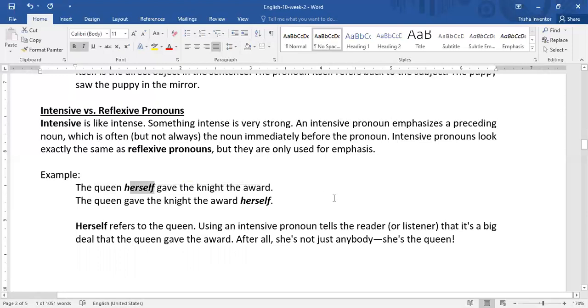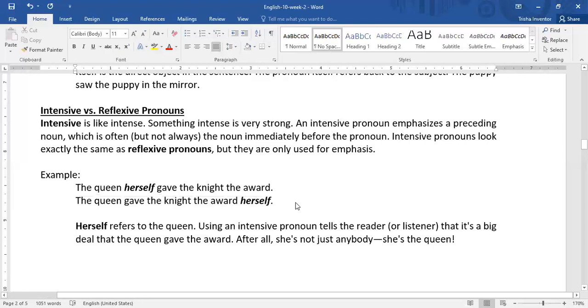Okay, not always, because just like for this example, herself comes at the end. Herself now is the last word. So it's not always. The intensive pronoun is not always beside the subject.